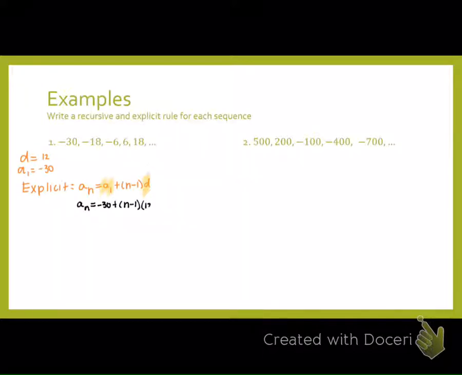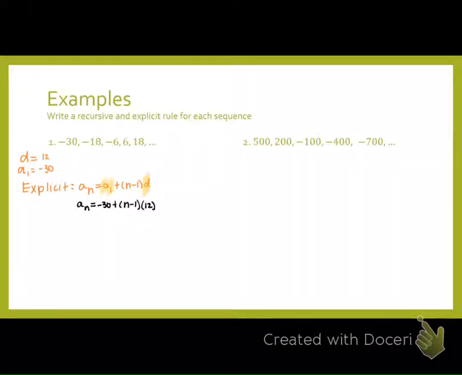Yeah. All right, guys, stop talking. So, anybody confused on how those numbers got placed into the formula?